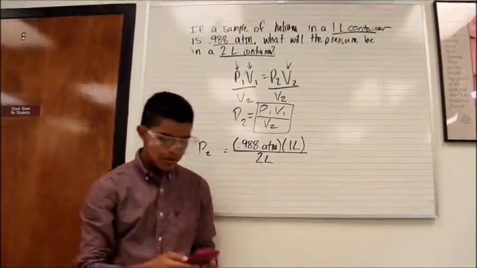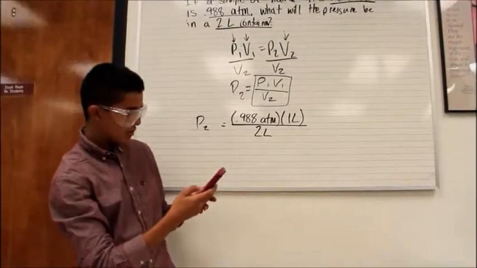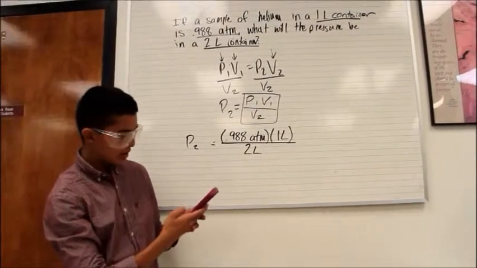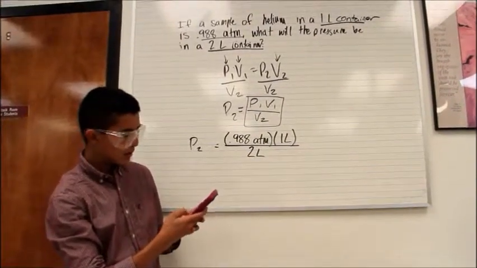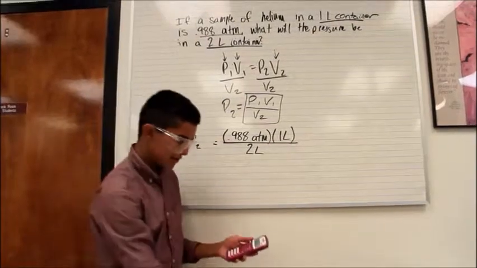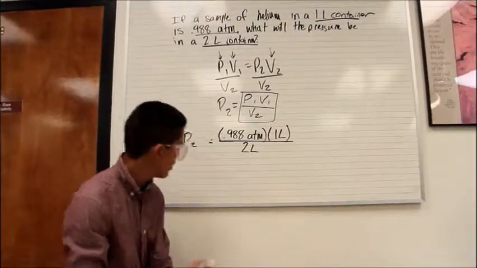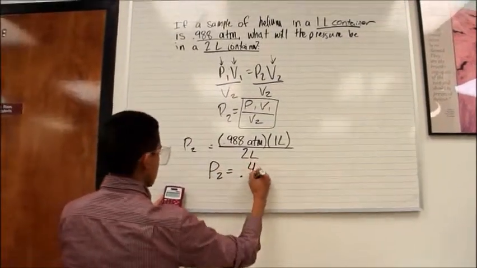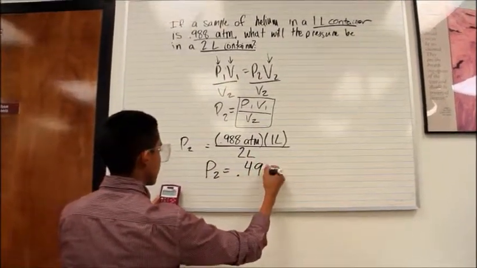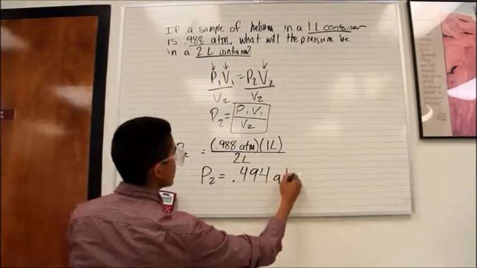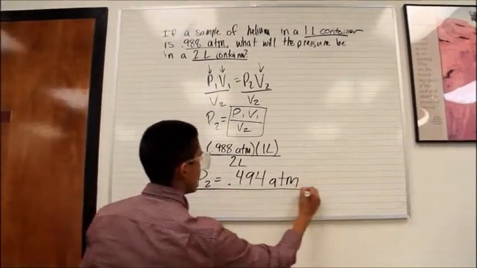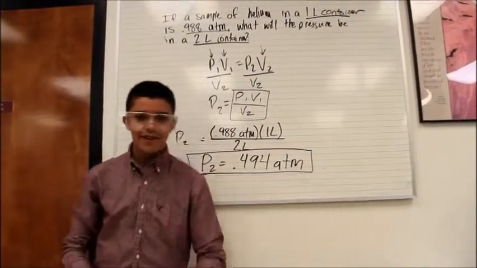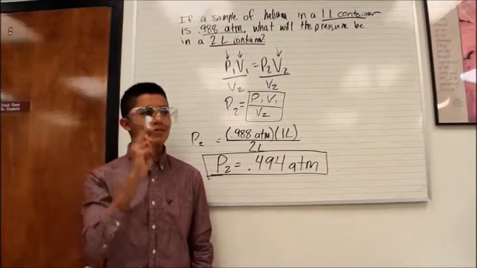When we do it in our calculator, parentheses, 0.988 times 1 divided by 2, we get the pressure of the second one is equal to 0.494 atm. And that is your final answer for this problem.